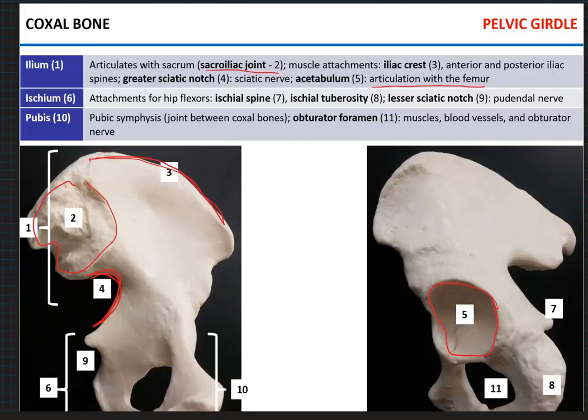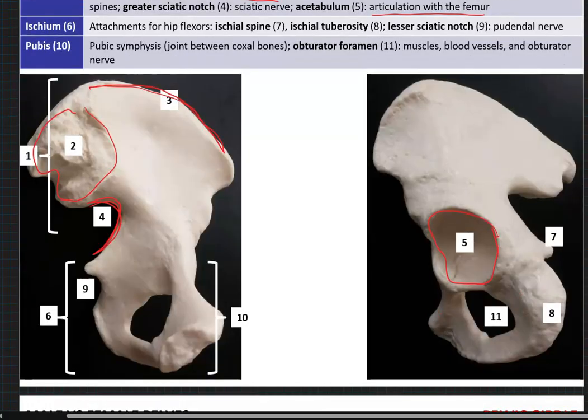In the ischium, ischial spine, ischial tuberosity provide the sites of attachment for the muscles that flex your hip, such as iliacus and psoas. Lesser sciatic notch, seen here, is the passageway for the pudendal, one of the sacral nerves.